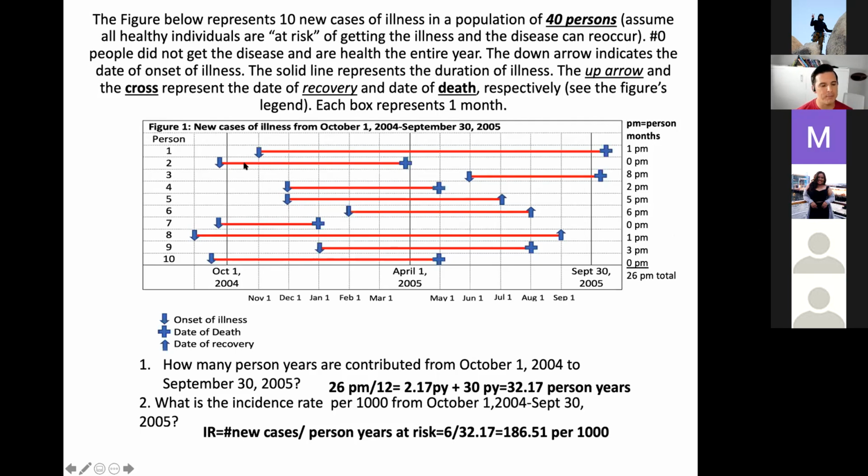None of the cases that happened before October 1st count because they happened before the start of the time period that we're doing our calculation for. So you do 6 divided by 32, you multiply that by 1,000, and that gives you 186.51.